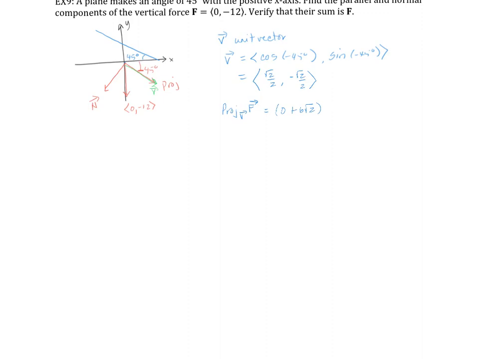And then I'm going to multiply that by my vector v. Well, that simplifies nicely to the vector 6, comma negative 6. And that's my parallel component, or called the projection.